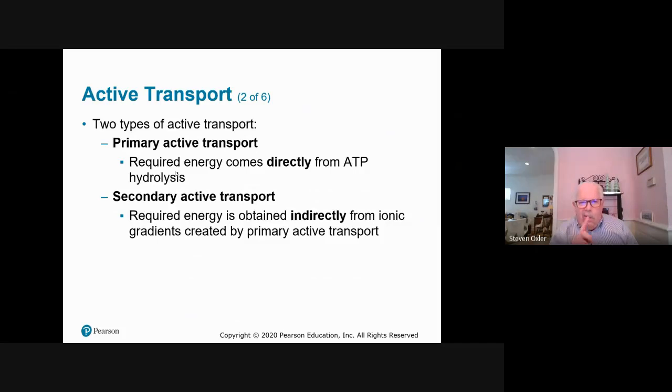The only one I want you to remember is primary. I don't want you to remember secondary. I'm not even going to talk about it because it's irrelevant. What's relevant is primary active transport. It requires energy directly from the hydrolysis of ATP.